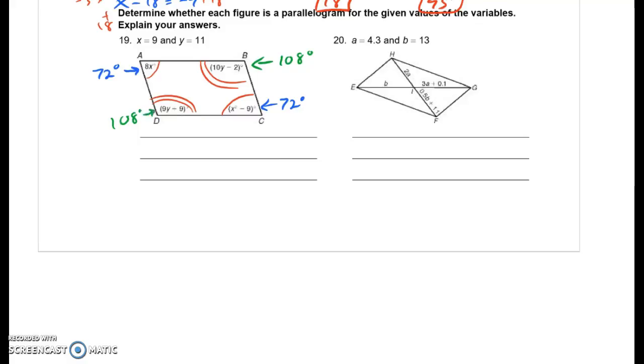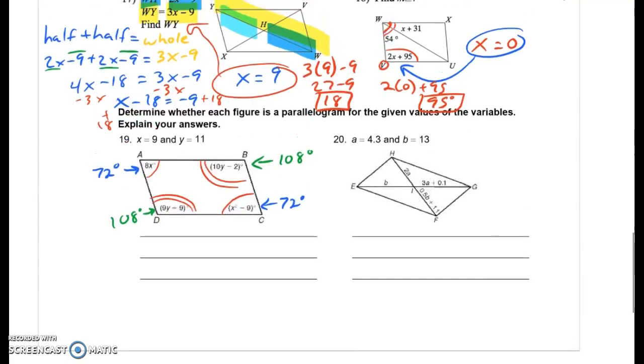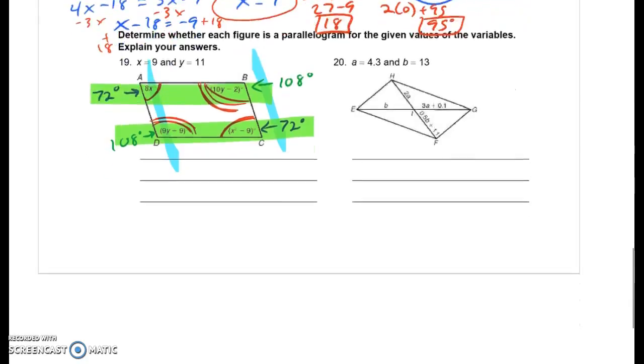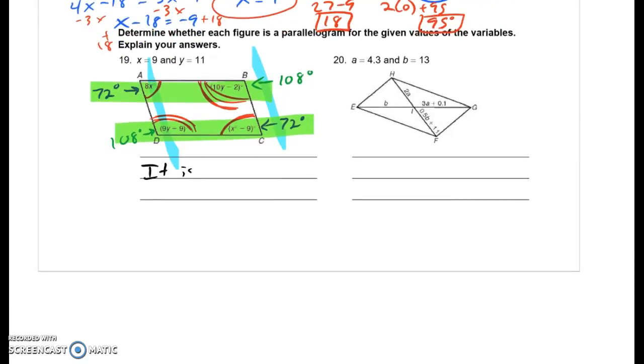So let's see. This matches this. These two match. We got the 72 and 108 is 180. Therefore, we can say it is a parallelogram.